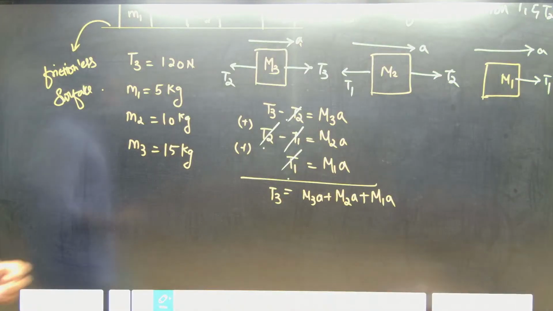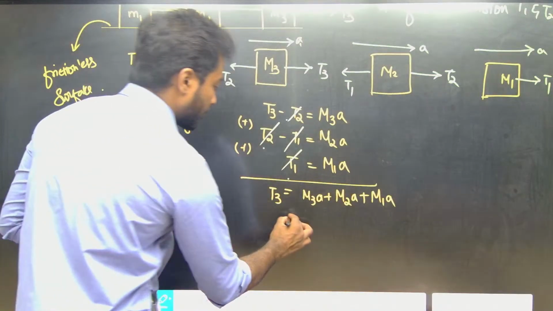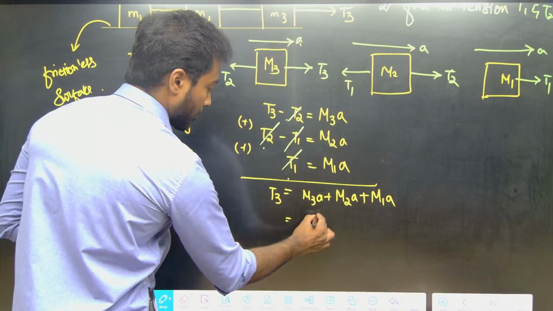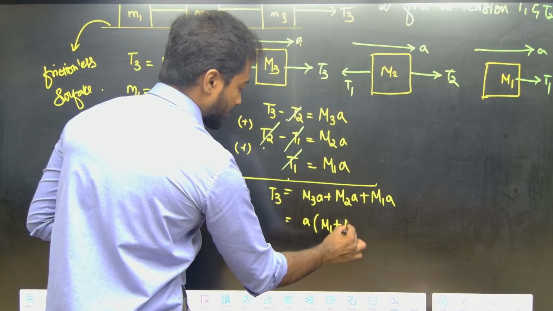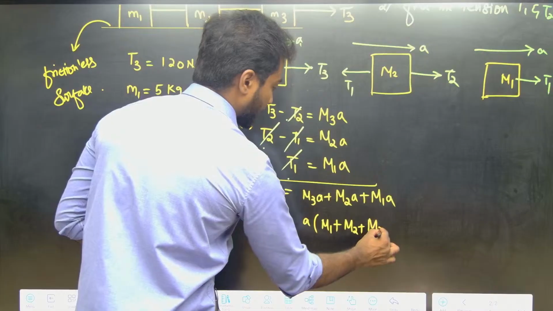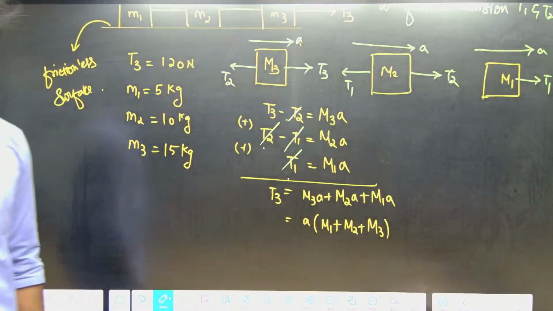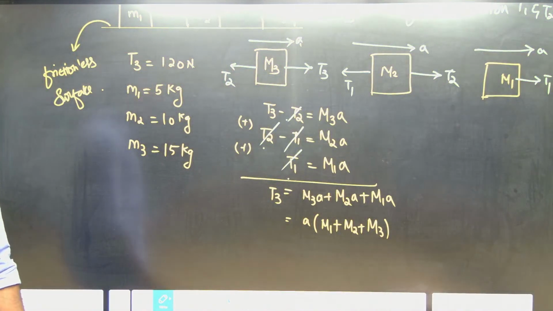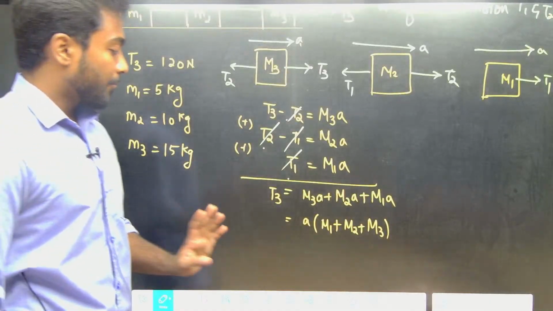What I should do? Take A commonly outside. M1 plus M2 plus M3, correct? So T3 equals A times (M1 plus M2 plus M3).